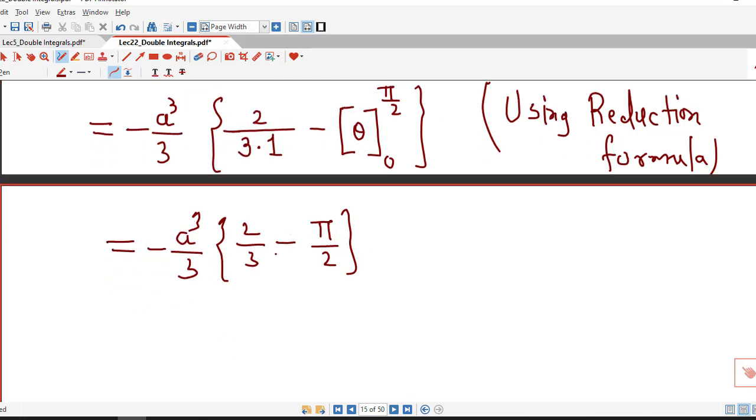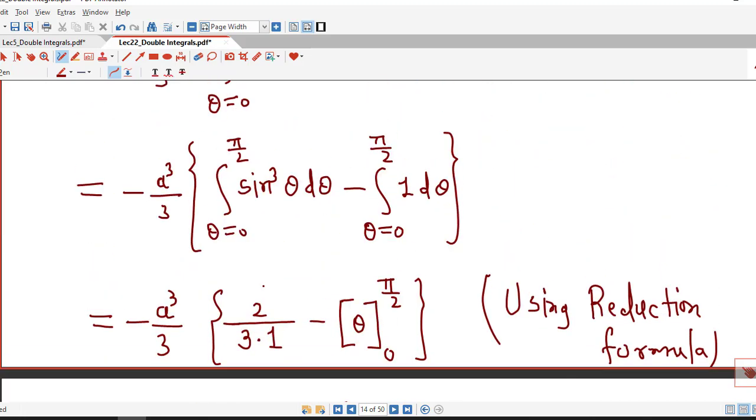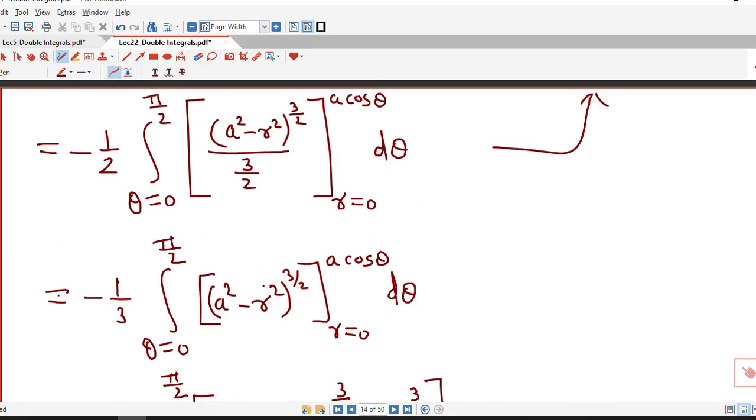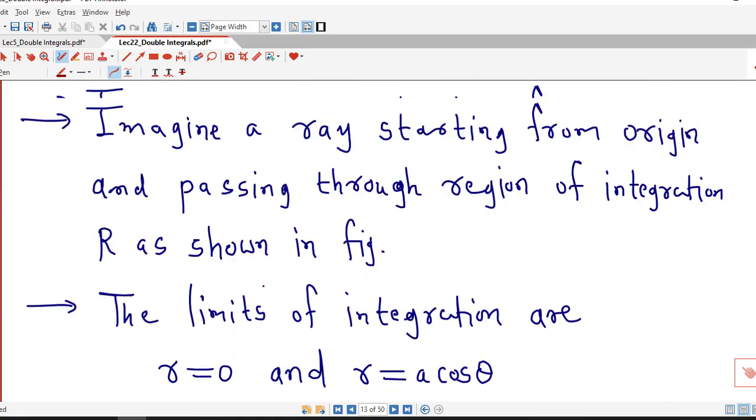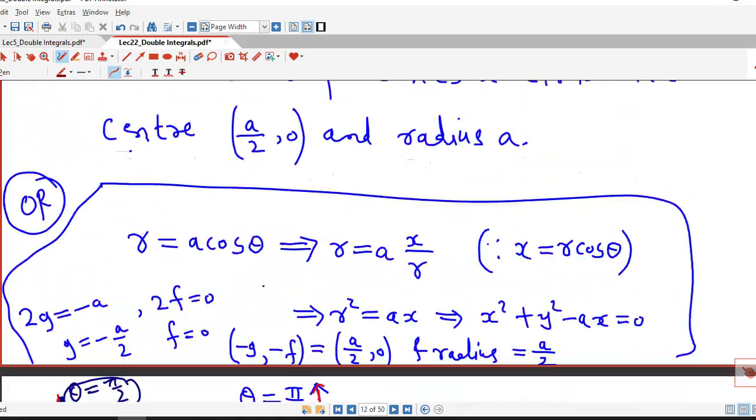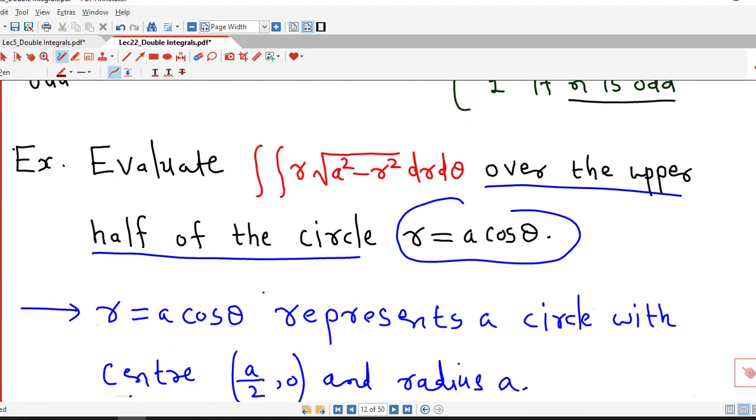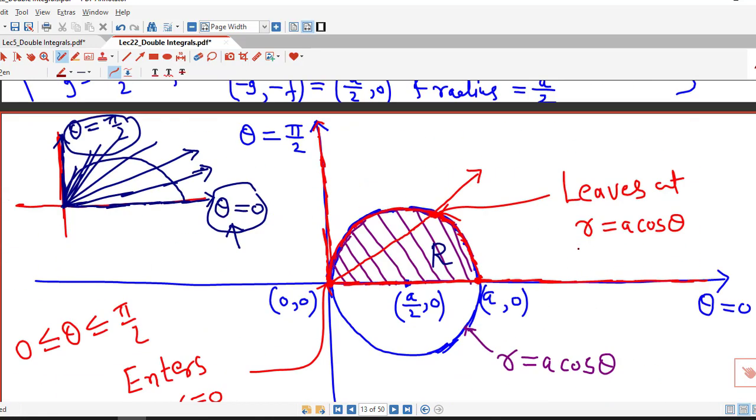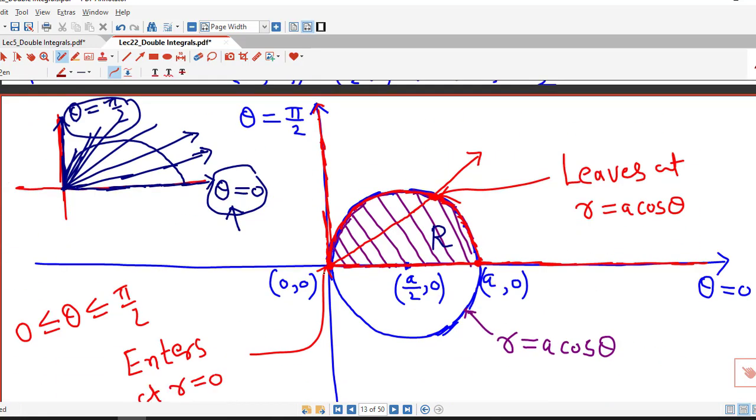If you wish, you can further rewrite this by taking LCM as 6, but I think this is fine. So in this lecture we have seen this problem of double integrals in polar coordinates, and we are integrating over the upper half of the circle r equal to a cos theta. So the important point is how to find out limits of r and theta.